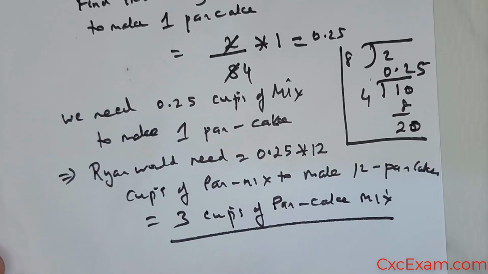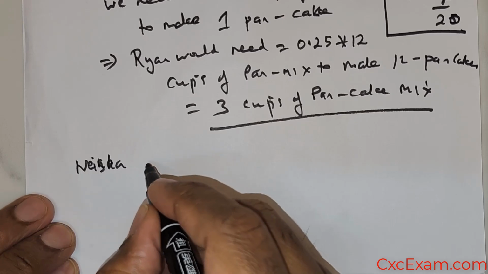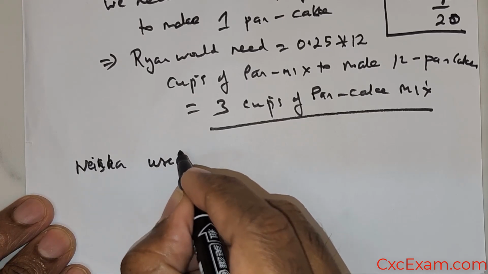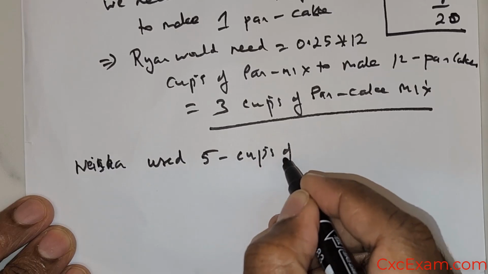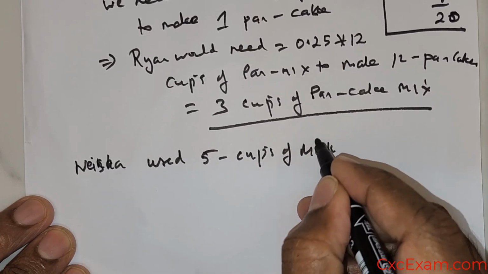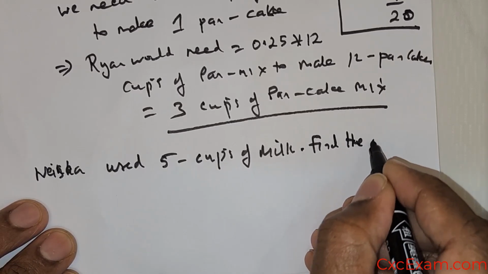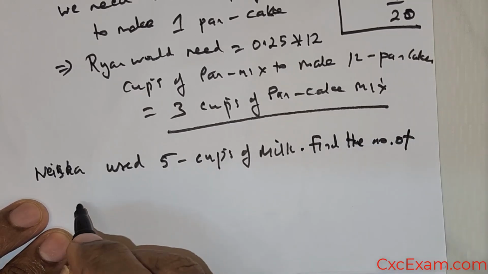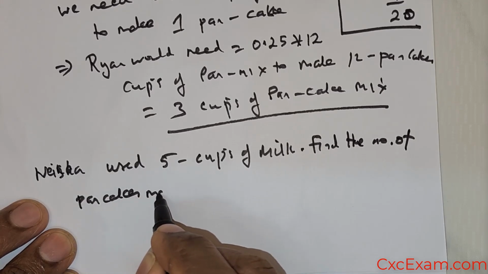So now we move on to the next part of the question. Nisha used 5 cups of milk. Now you have to find the number of pancakes made.